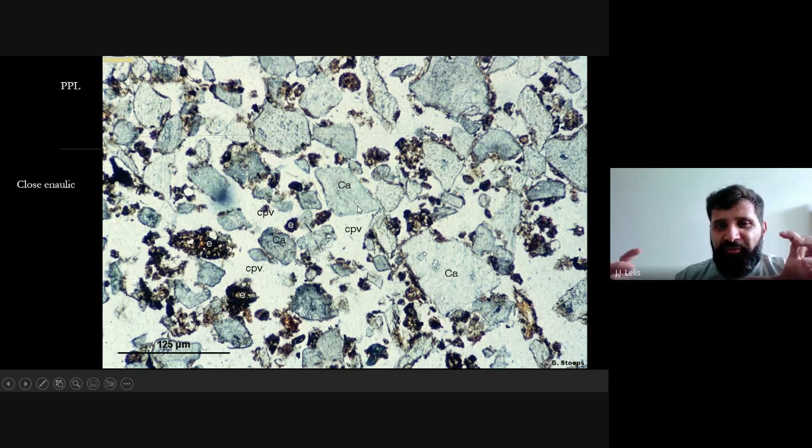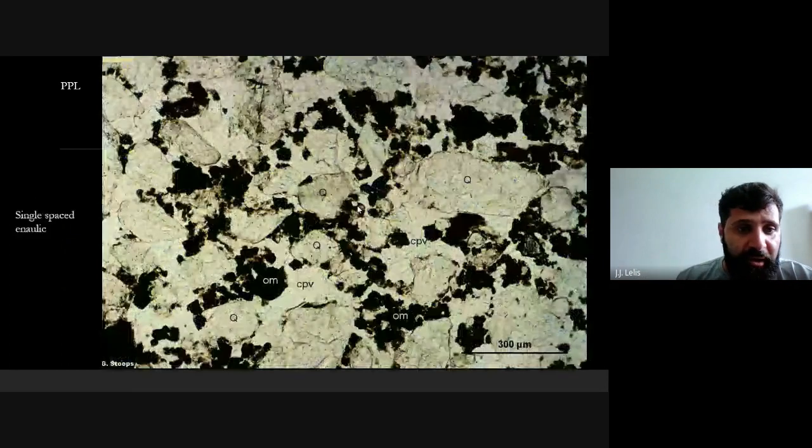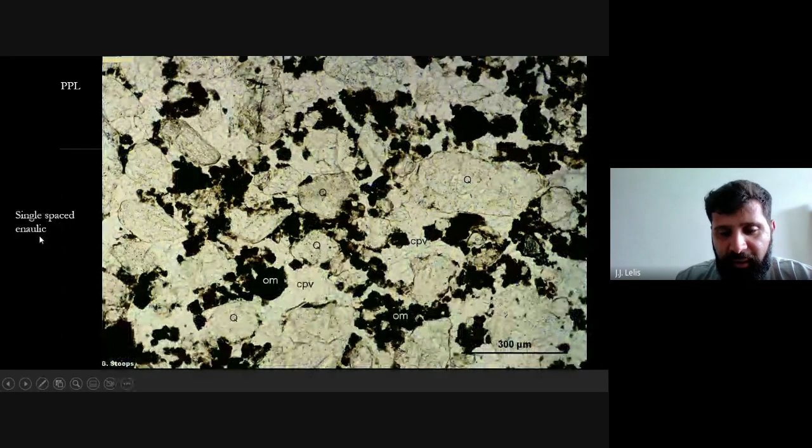So they are very dense. We have a dense distribution of coarse grains, and they all touch other coarse grains. Here we have a single-spaced enaulic.